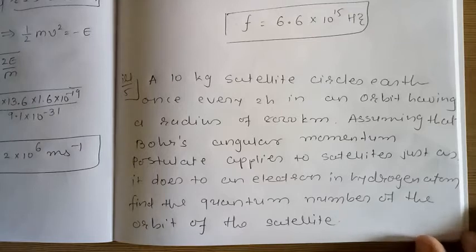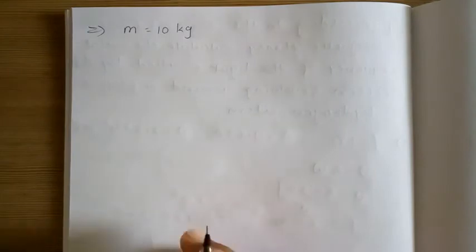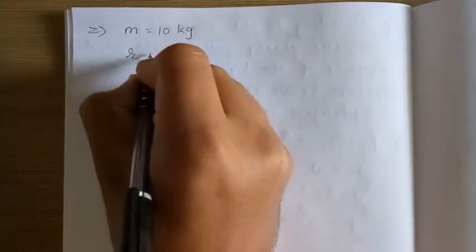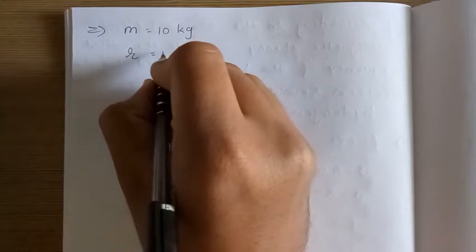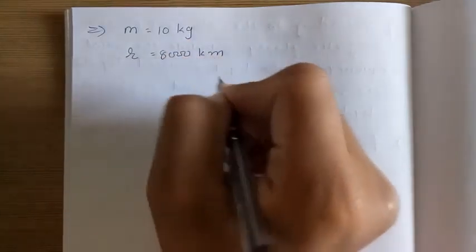So first of all we write the given data. The mass of the satellite, m, is equal to 10 kilogram. The orbital radius, it rotates about 8,000 kilometer. So orbital radius r is equal to 8,000 kilometer.